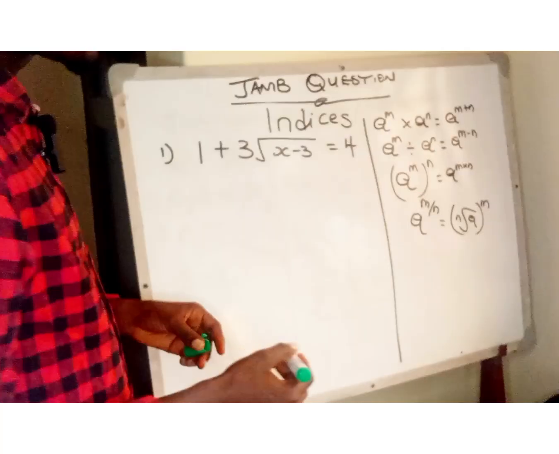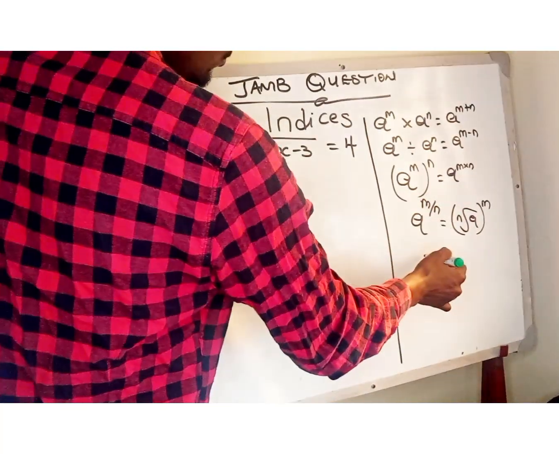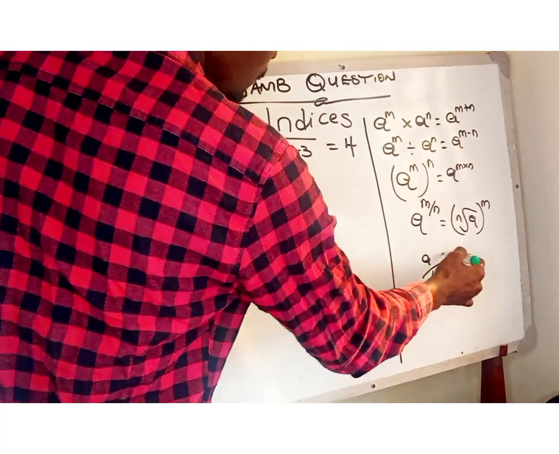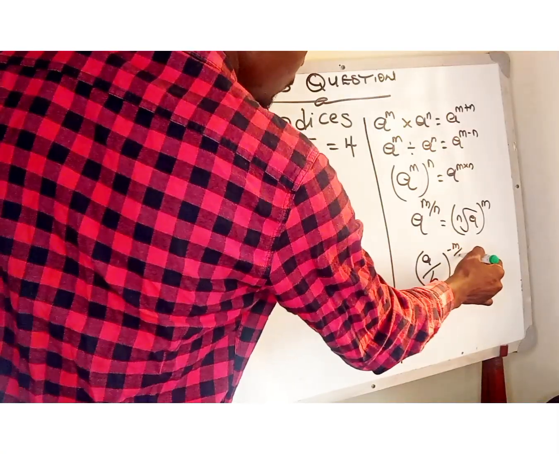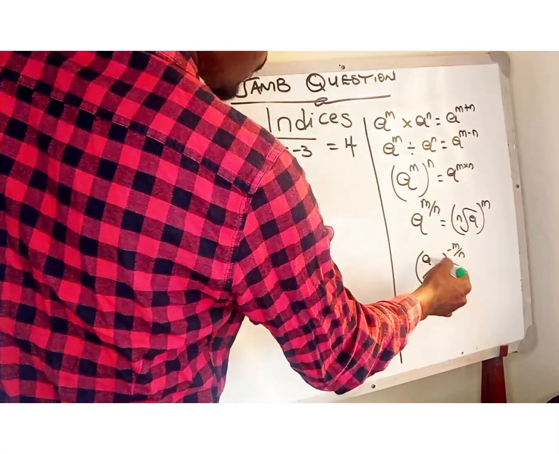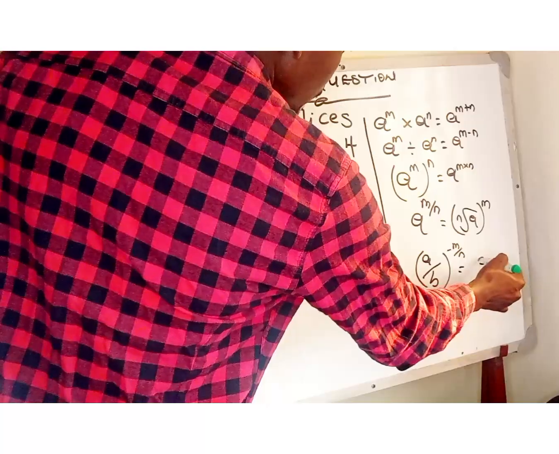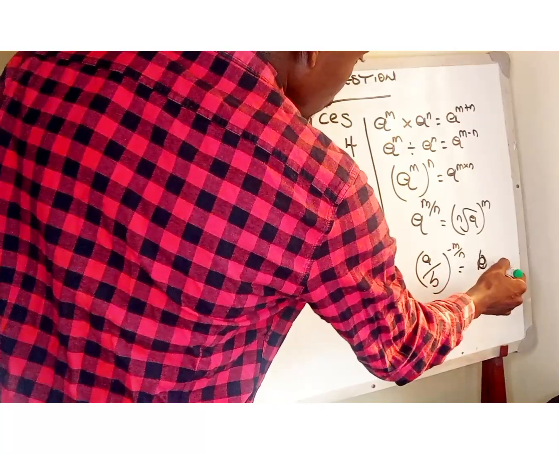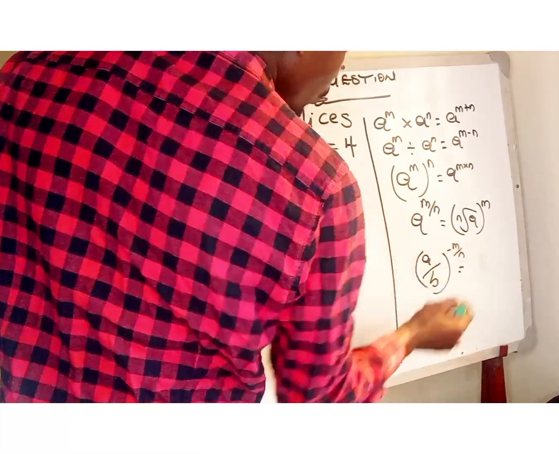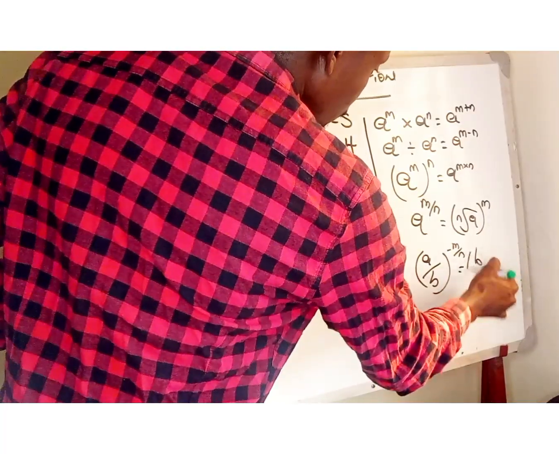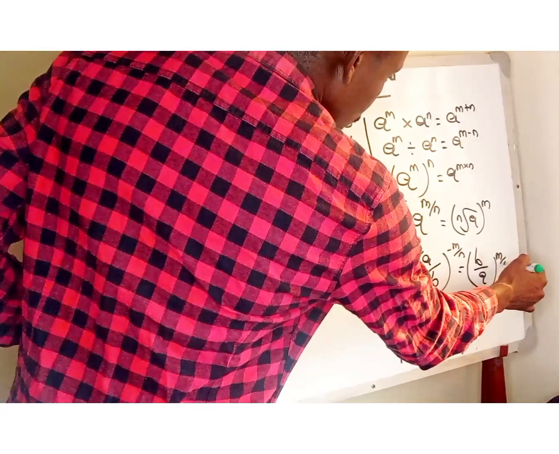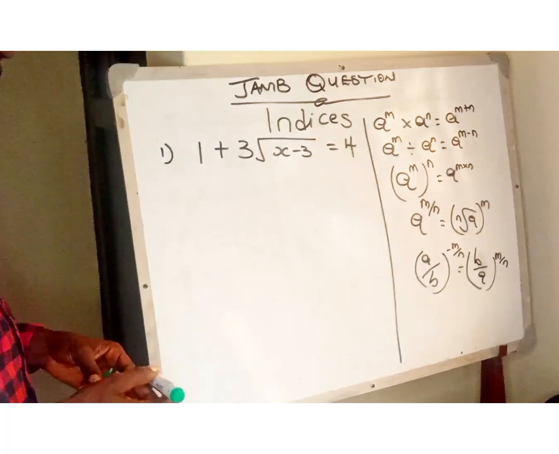If you have a over b raised to power minus m over n, you can interchange this to be b over a raised to power m over n. Then with that, you are good to go.